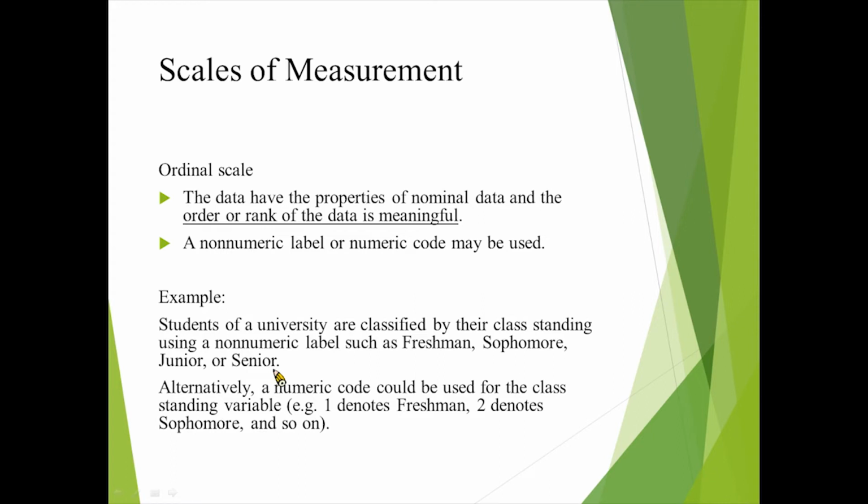They have labels and an order. The 1 is freshman, sophomore is the second one, junior is the third, senior is 4. This means they have an order, a rank.